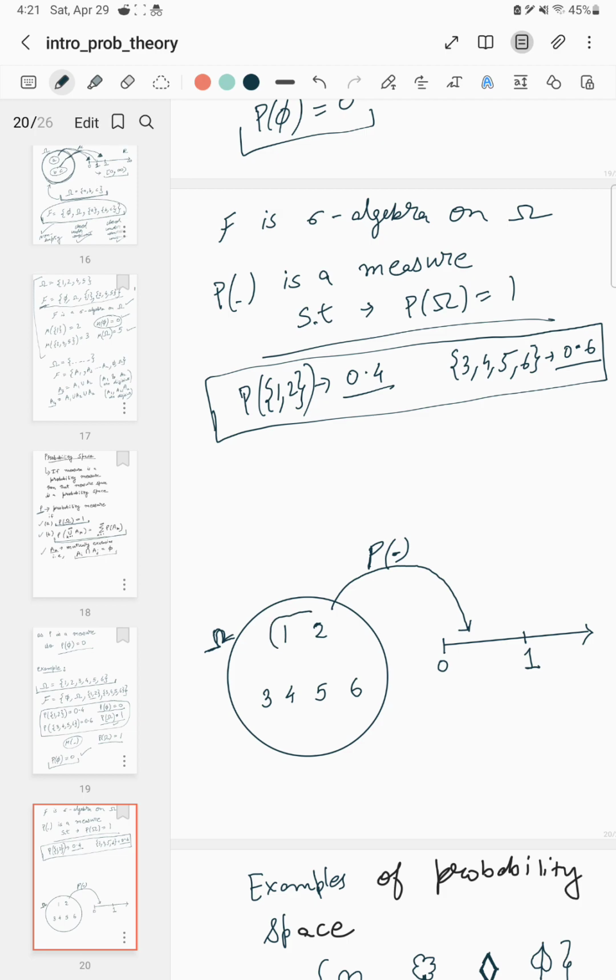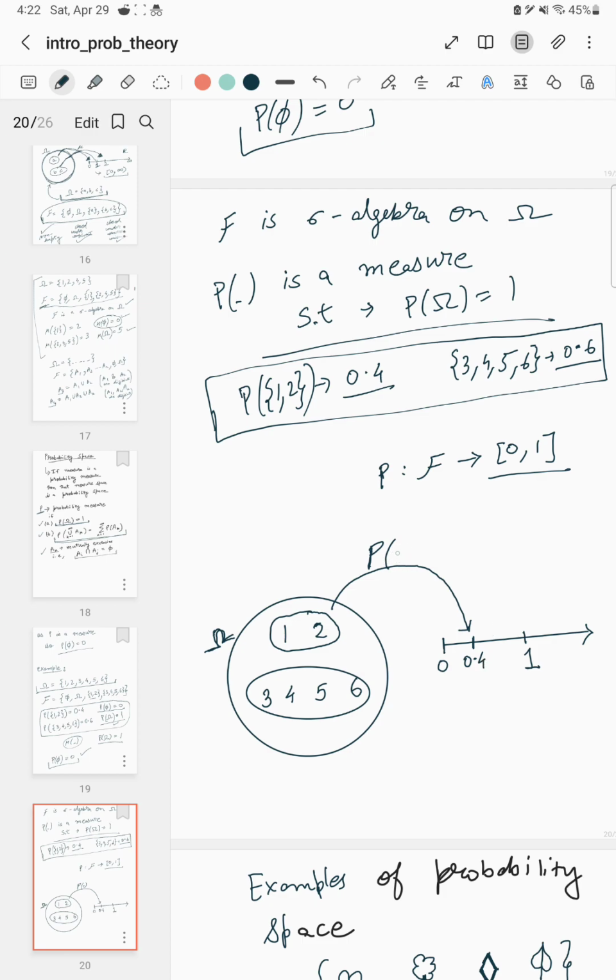Let's say this is one of your sets in the sigma algebra, {1, 2}. This is another set in the sigma algebra, {3, 4, 5, 6}, and there is a mapping function P that maps from your sigma algebra to this interval, the set of all real numbers in the closed interval 0 to 1.